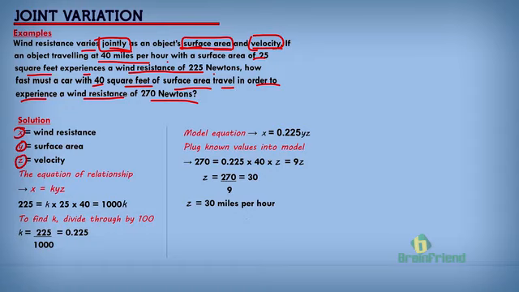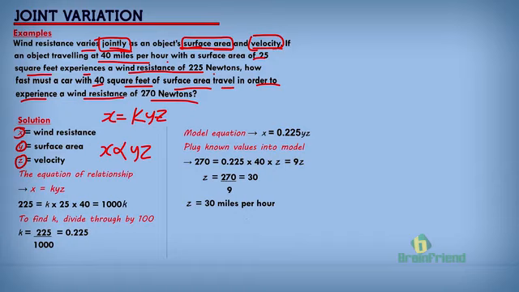So now we can write out, from the first sentence, we see that x, wind resistance, varies jointly with the surface area and velocity, y and z, the product of y and z. That's our relationship. So if we write out the equation, x is kyz. K is our constant of proportionality. Okay?